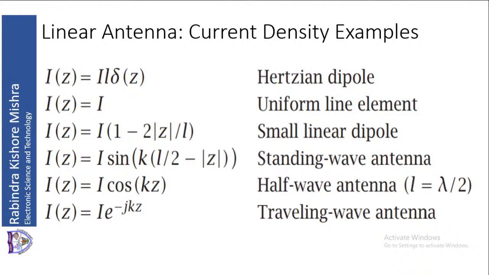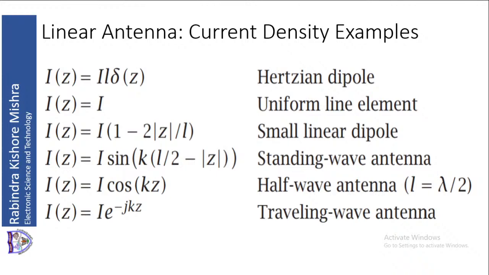So if we put L equal to lambda by 2, Iz will be I sin k of lambda by 2 minus Z. When Z is equal to 0, this will be k, 2 pi by lambda, into lambda by 2. So just put 2 pi by lambda into lambda by 4, and that will give you sin pi by 2, which is equal to 1, the peak. If you put L equal to lambda by 2 in this form, Iz is equal to I sin k L by 2.